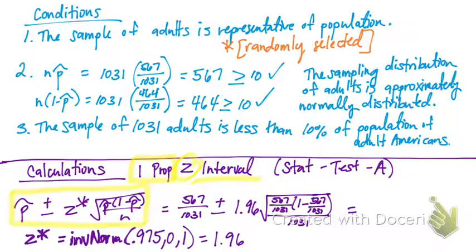When it prompts you to put in confidence level, you put in the actual level, so I put in 0.95. But when you're doing inverse norm, that's when you put in the 0.975. Do not put 0.975 here. Don't do the halfway to 100 thing here.